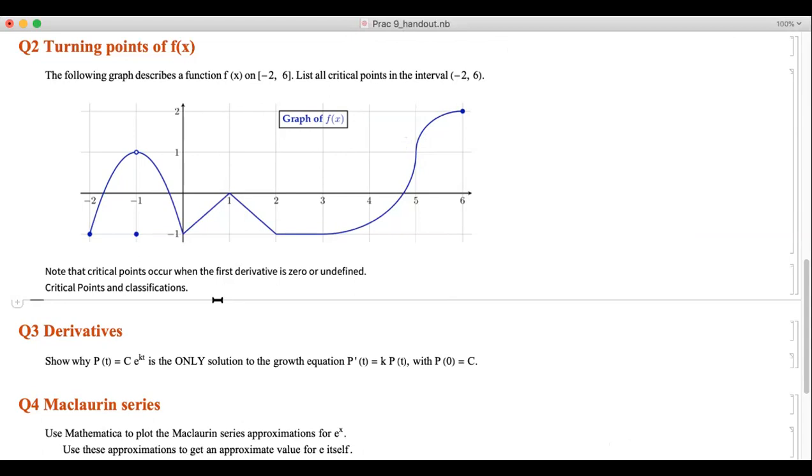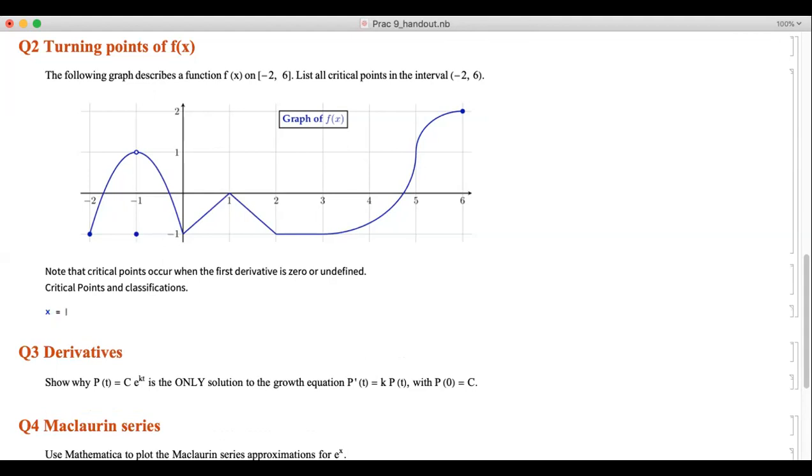Are you sure it's +1? When x equals -1, that is a hole.